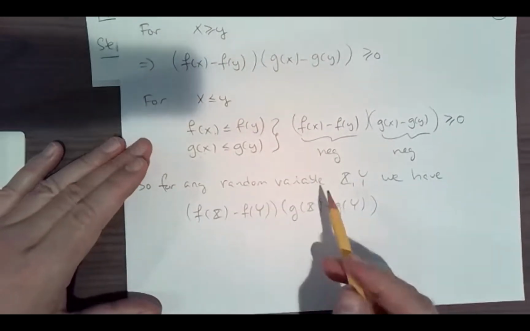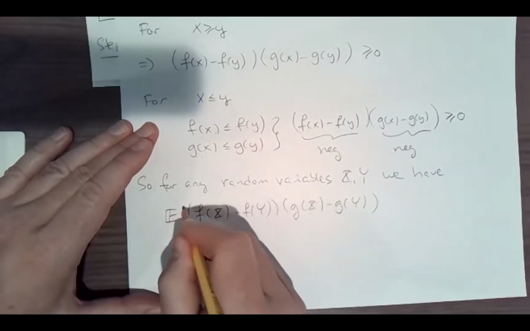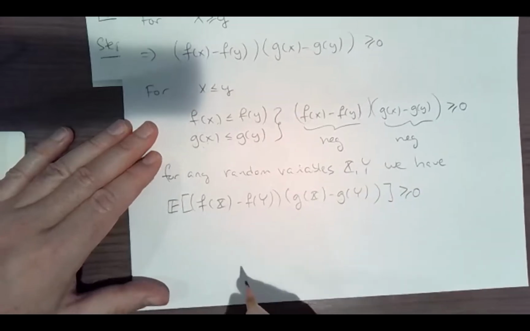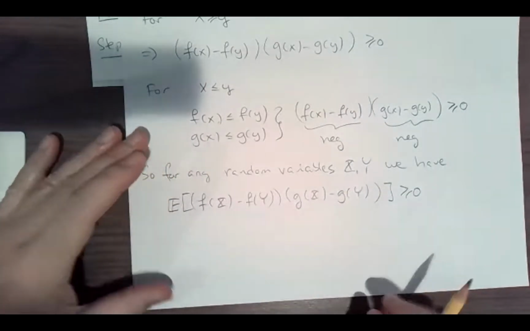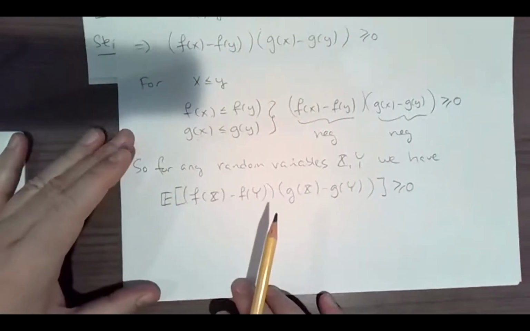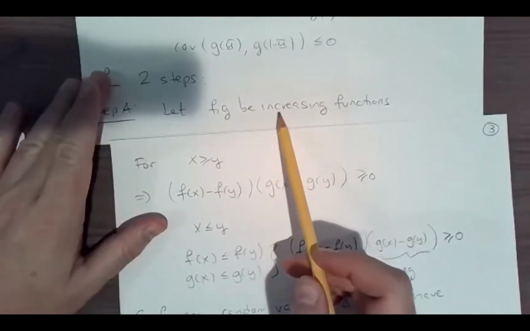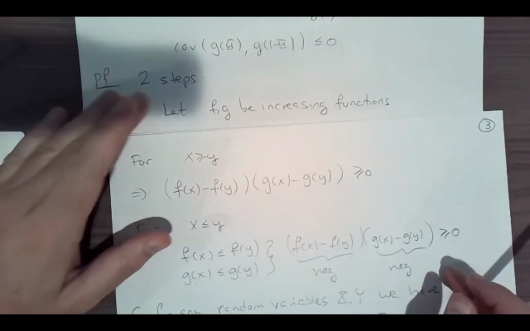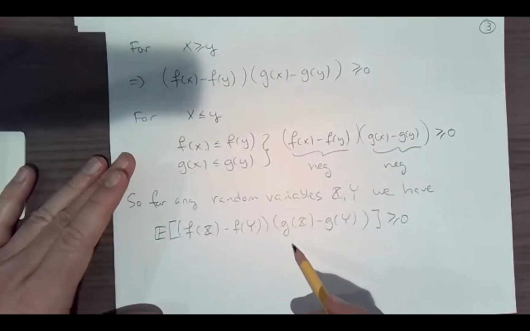So for any random variables x and y, this expectation here is going to be positive. Right, so this comes from the increasing properties of f and g. And then we can work out what this product here is.